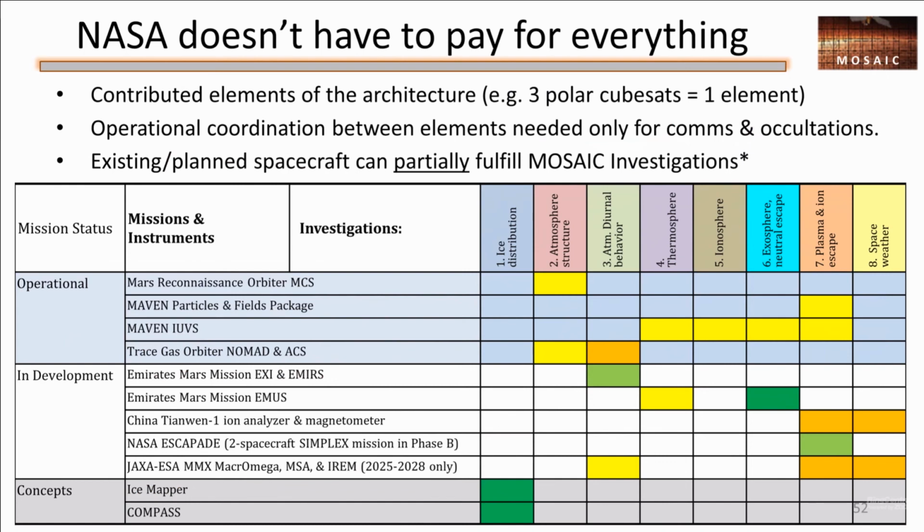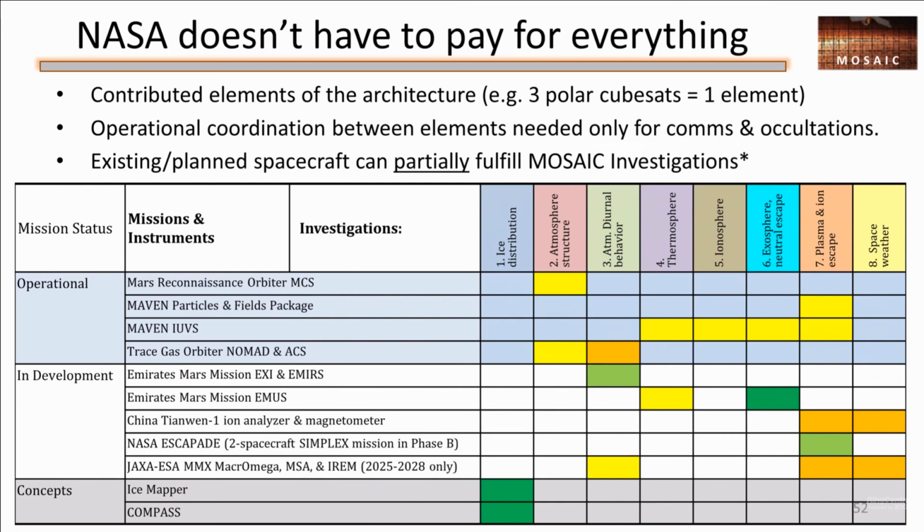And also, the MOSAIC objectives and overall goals are only achieved with simultaneous observation, so simultaneous performing of these different investigations. But there are some partial overlaps here, and the darkest green is basically just as good as MOSAIC. Then light green is not as good, then yellow is less good, and orange is still useful but less good again.